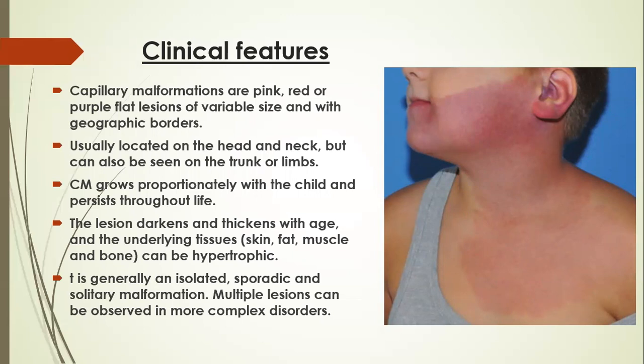So there is no self-resolution. The lesion darkens and thickens with age, and the underlying tissue like skin, fat, muscle, and bone can become hypertrophic. It is generally an isolated, sporadic, and solitary malformation. Multiple lesions can be observed in more complex disorders, but generally it is a solitary lesion.